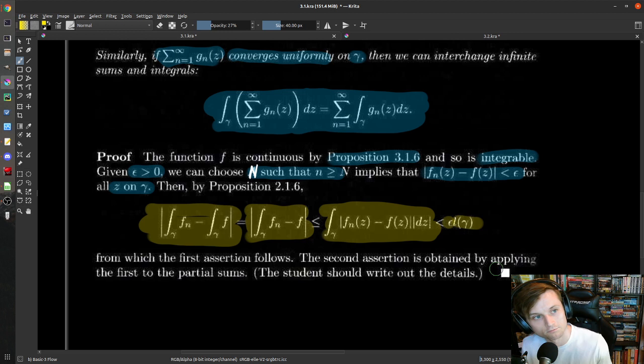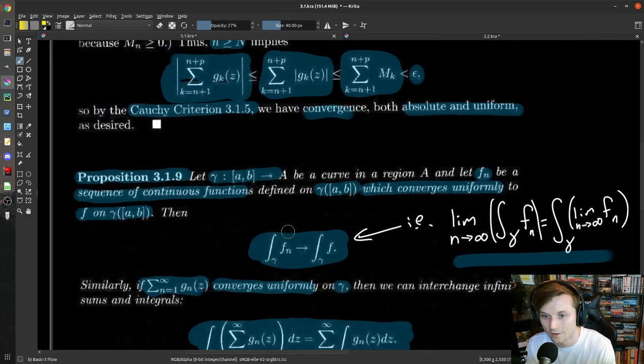Oh, okay, that's not bad at all. But hey, look, we can make epsilon as small as we want. The length of that curve doesn't change, so we can make this right here as small as we want. So we can make this bounded by something as small as we want. Oh, this will go to 0, meaning that this thing ends up being the same as that thing.